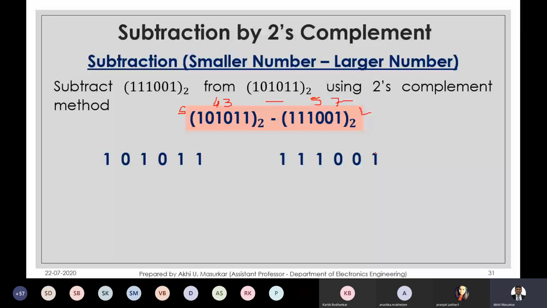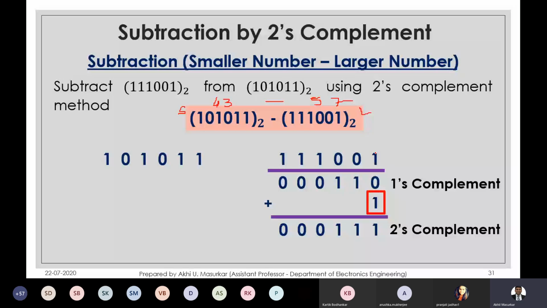Now if I want the 2's complement, I'll add 1 to it. I'll get the 2's complement, that is 00111. Now this 2's complement I will add with the smaller number. Now I want the answer of the addition of these two numbers.